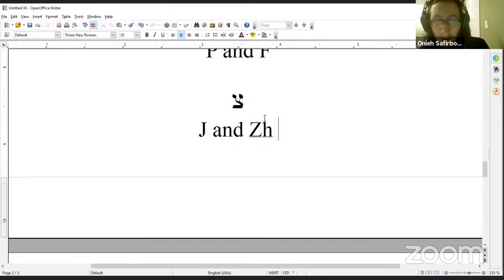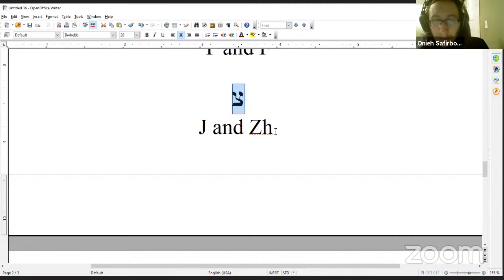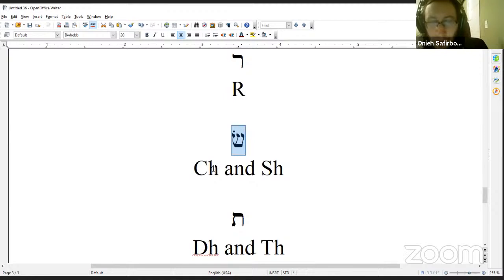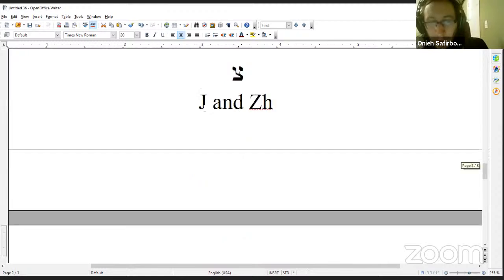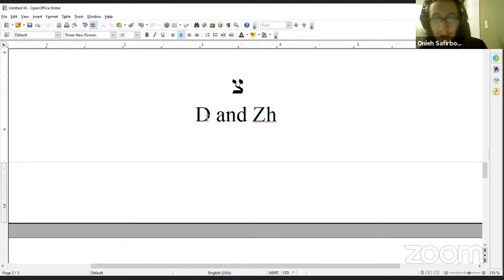And then what's interesting is Sadi, this twofold thing corresponds also to the Shin, where you have the same concept of ch and sh. So j, ch, j, sh. This one is more like a DCH, j.